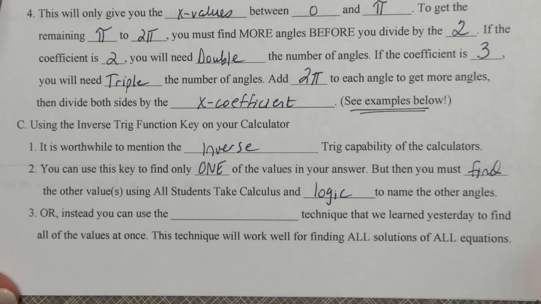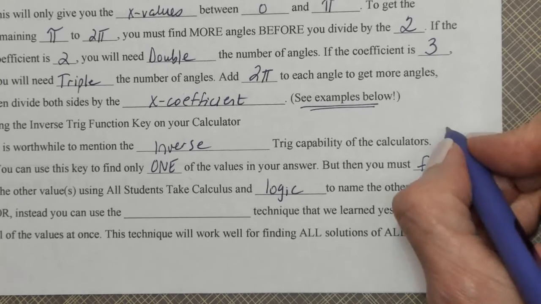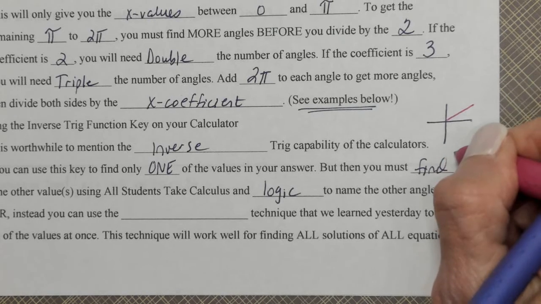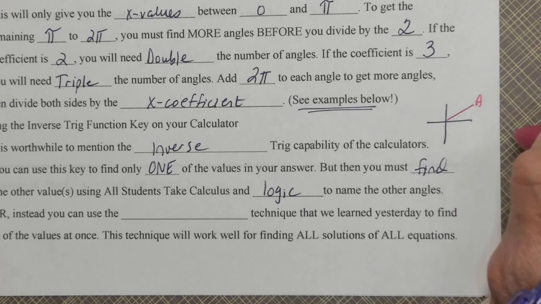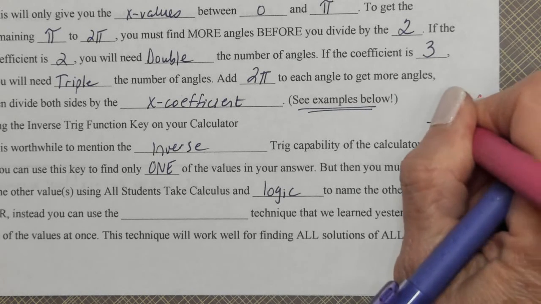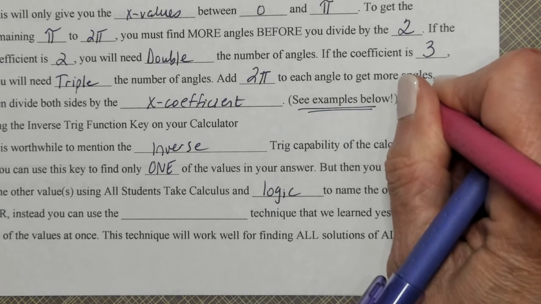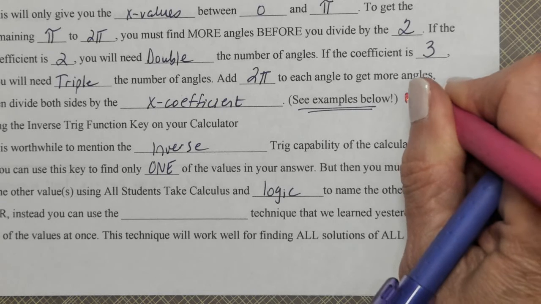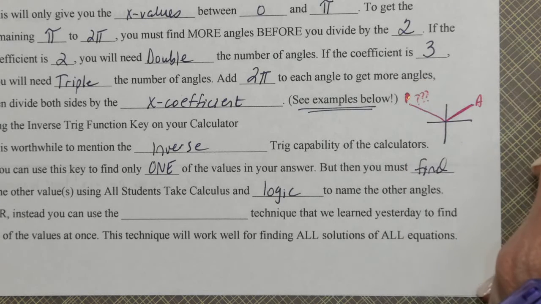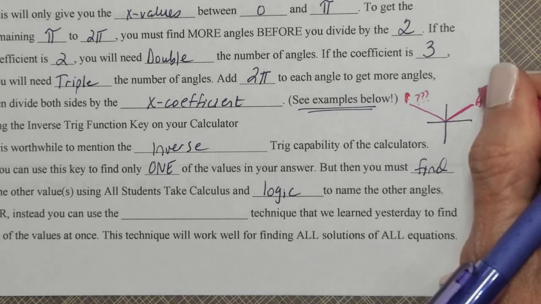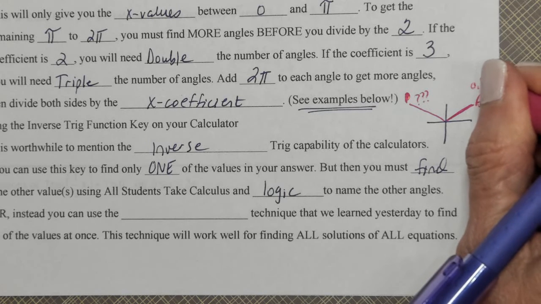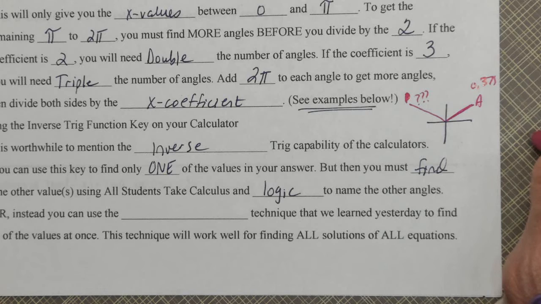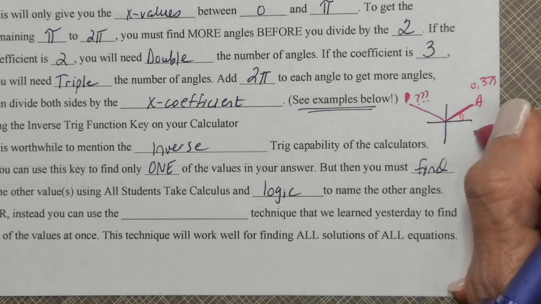Okay? It gets a little complicated if you're using your calculator. Let's say you find one angle, that's angle A, and then you go and find another angle. Your calculator is going to give you this angle, and you need to ask yourself, how can I name that angle? Let's say this is 0.371.